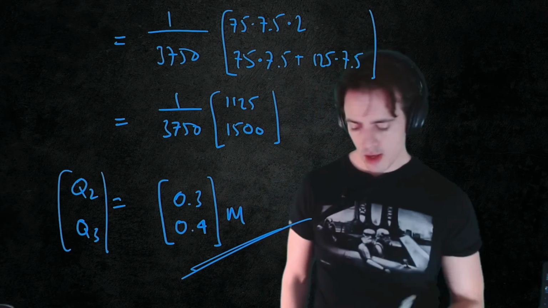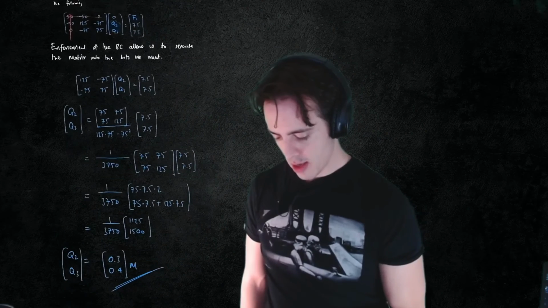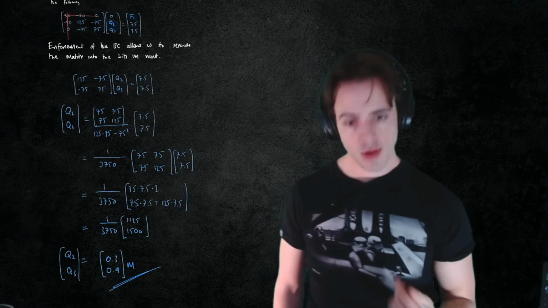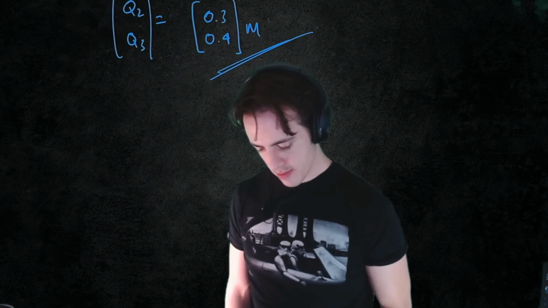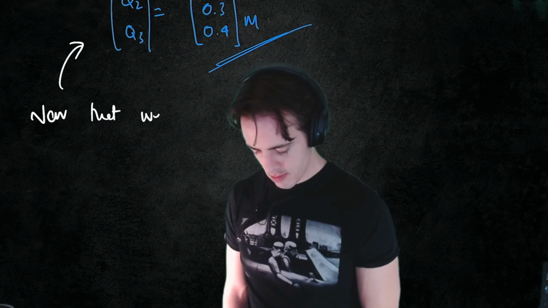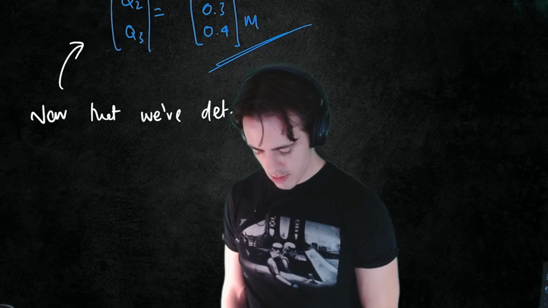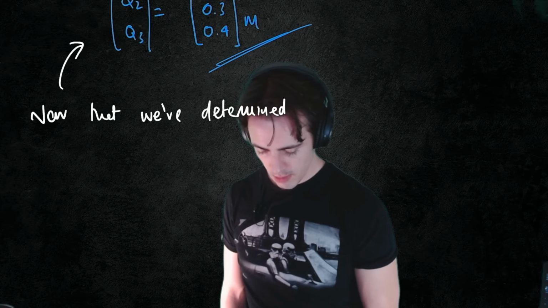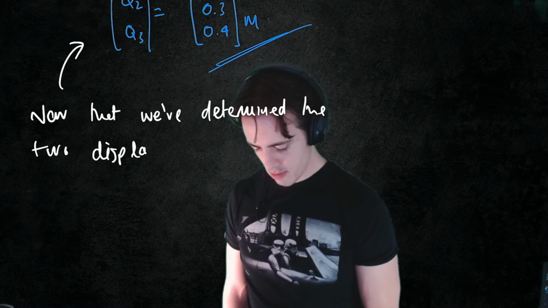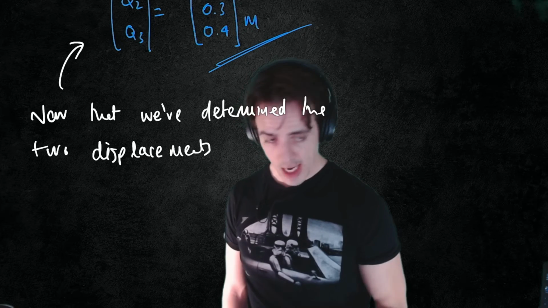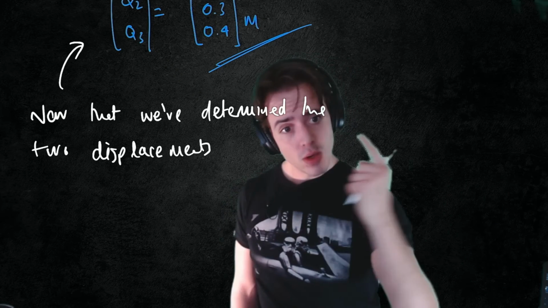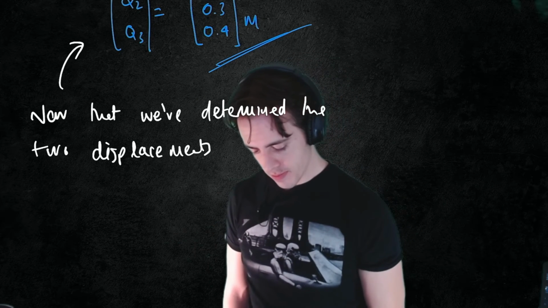So we've got those out, and we can then go back to the equation that we got rid of. If we go all the way back up here, we can then determine the reaction. So now that we've determined the two displacements in the system, we can determine the remaining unknown, which was the reaction.